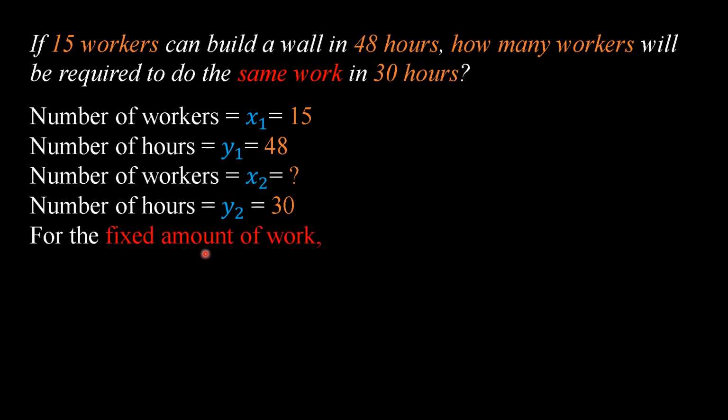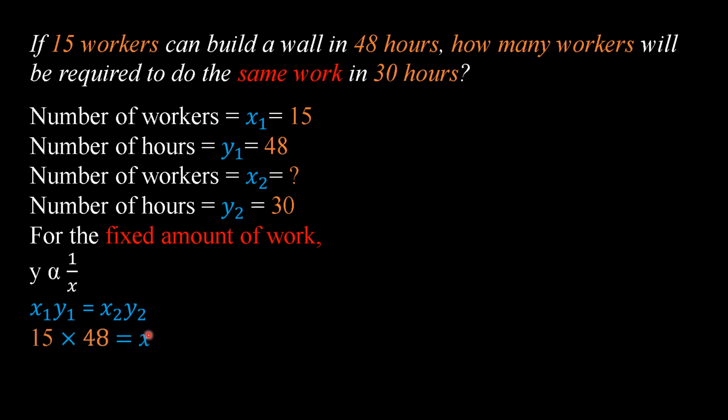For the fixed amount of work, we have y alpha 1 divided by x, that is, y is inversely proportional to x. Or for inverse proportion, we have x1 y1 equals x2 y2.